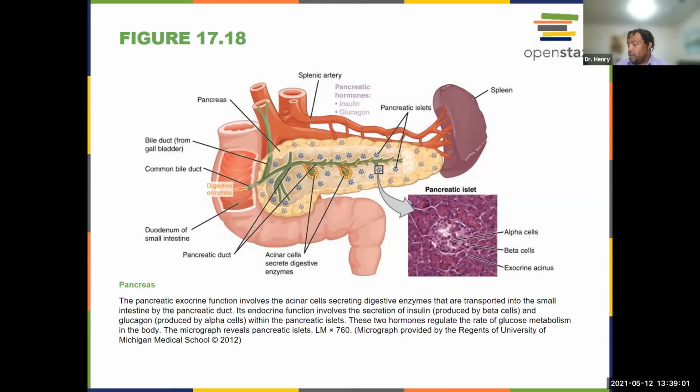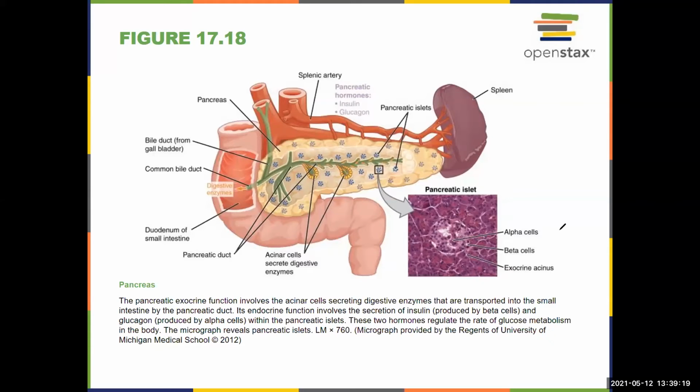All of that is happening in your pancreatic islet cells. Alpha is responsible for glucagon production. Beta is responsible for insulin.